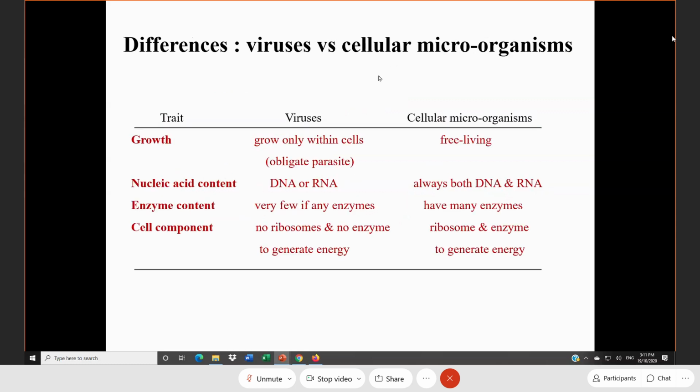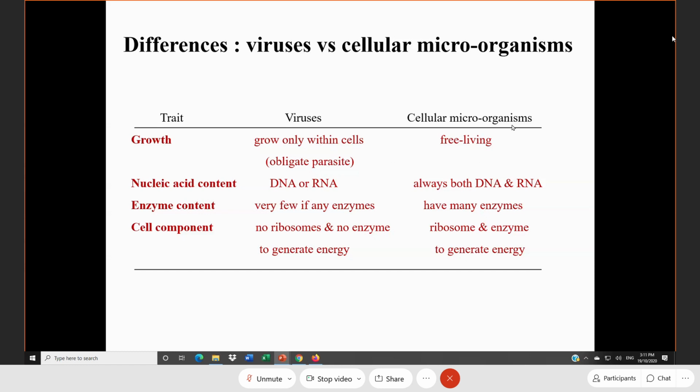Okay, so the difference between viruses and cellular microorganisms. Cellular microorganisms include animals, and also bacteria. Bacteria are cellular. Okay, growth. Viruses grow only within the cells, obligate.